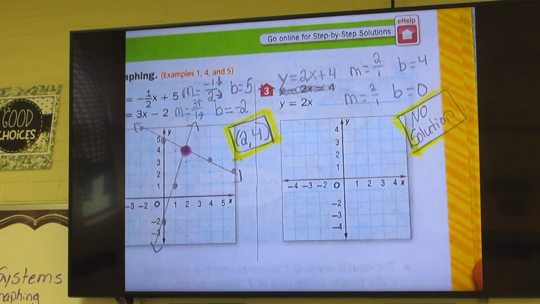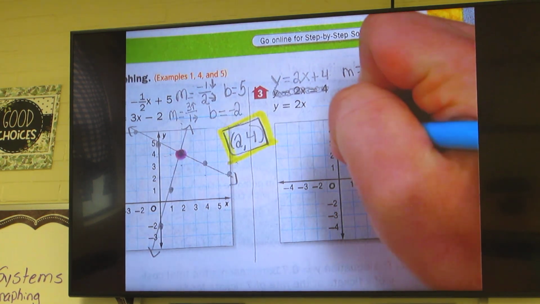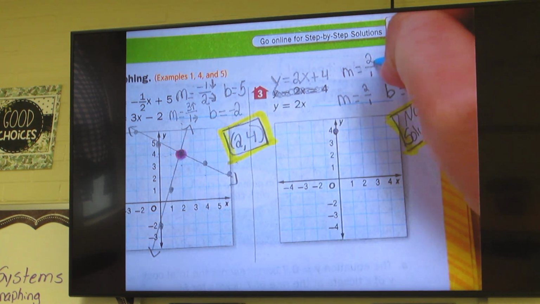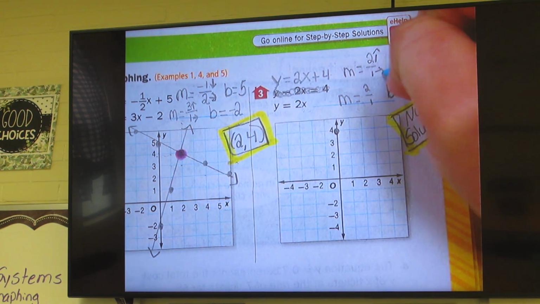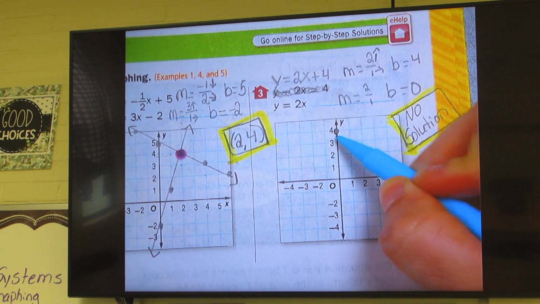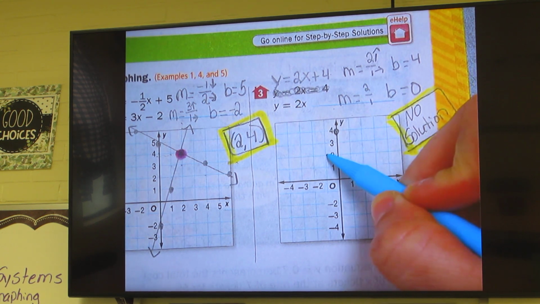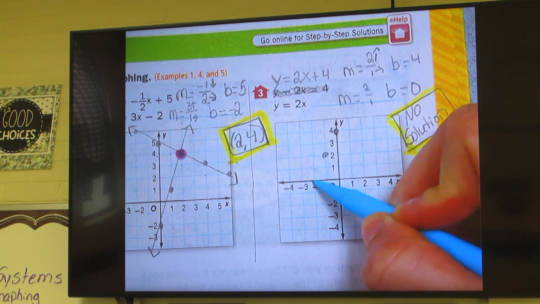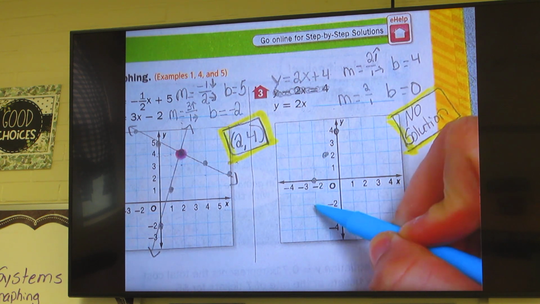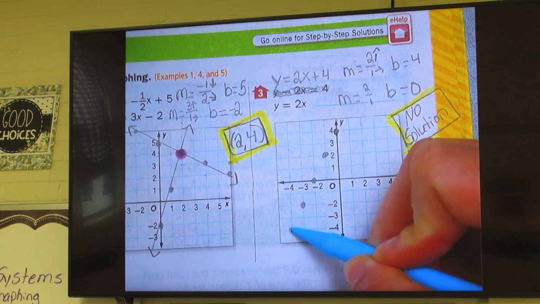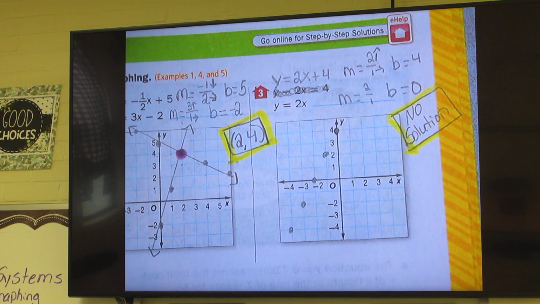So for this first one, I'm going to start at 4. And I'm supposed to go up 2, right 1, but I don't have enough room to go up 2, right 1, so I'm going to reverse and go down 2, left 1, down 2, left 1, down 2, left 1, down 2, left 1, okay, and connect.